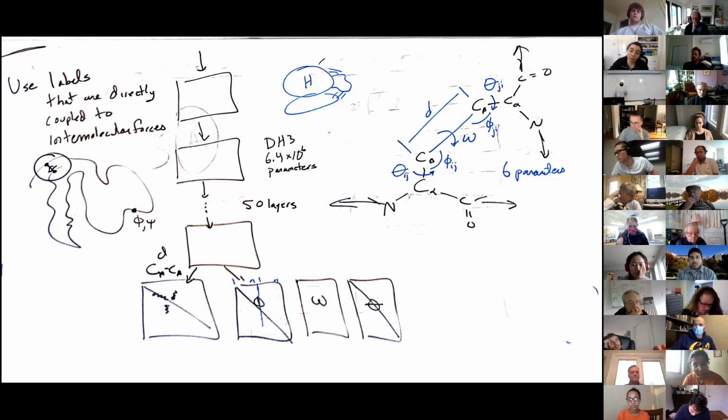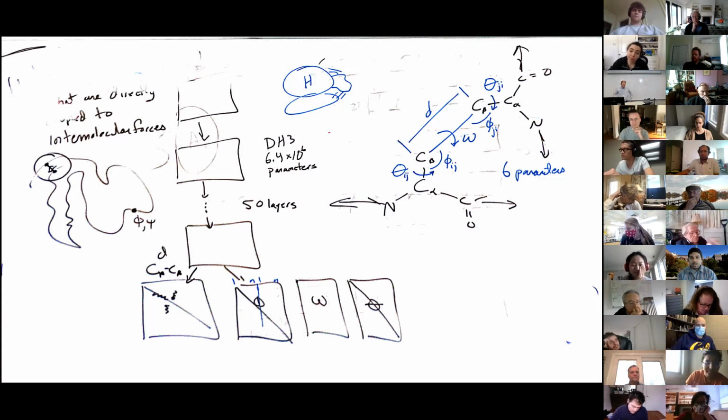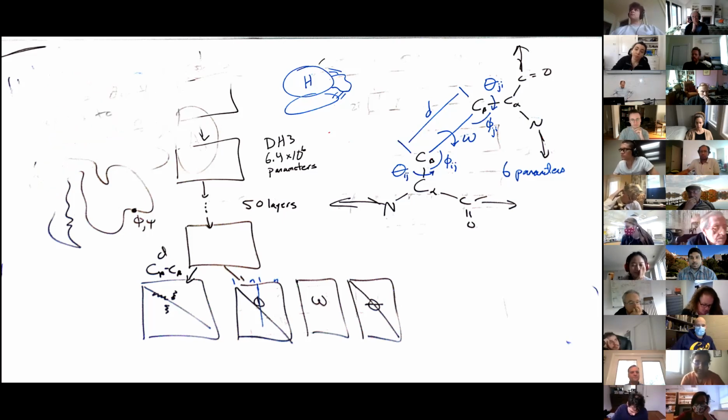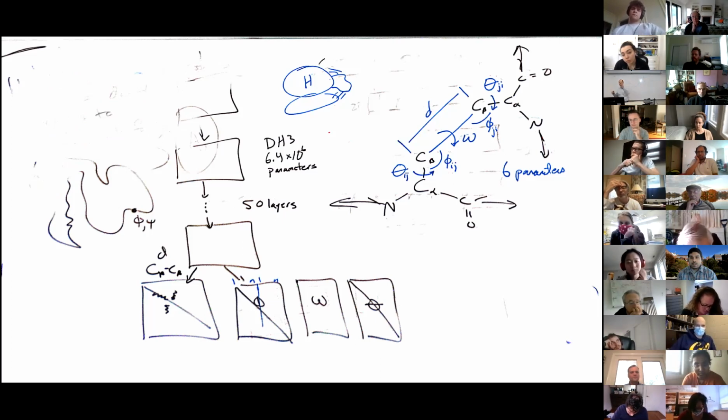Yeah, that's a great question. They call it physically interpretable AI or AIX. I don't know why it's an X, but explainable AI, that's the X. Yeah, so I can take a look in any one of these nodes and I can visualize it and say, what are the parameters and what are they doing? And one thing I could do is search for any nodes where every time I put in an alpha helical protein, it's a 1, and every time I put in a beta strand protein, it's a 0.